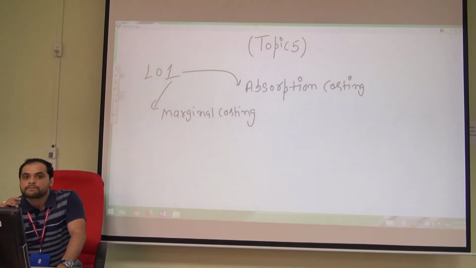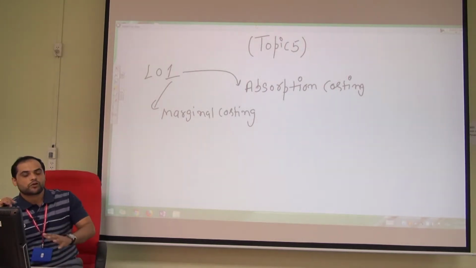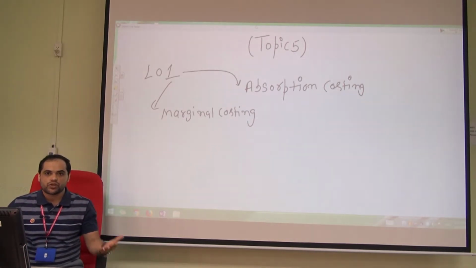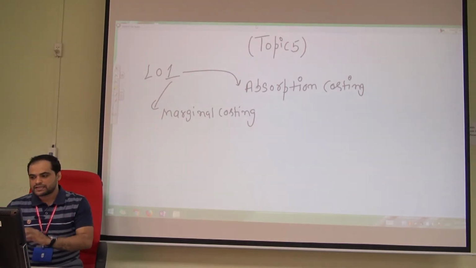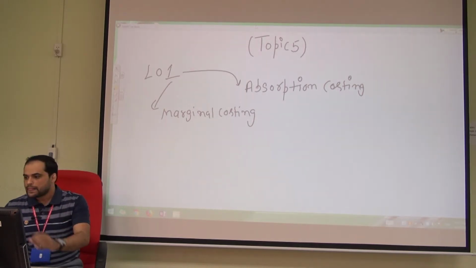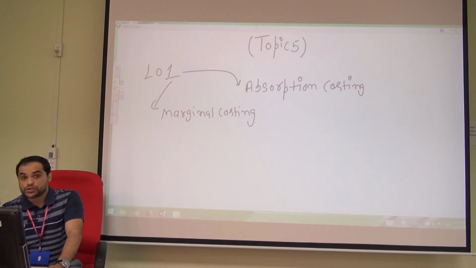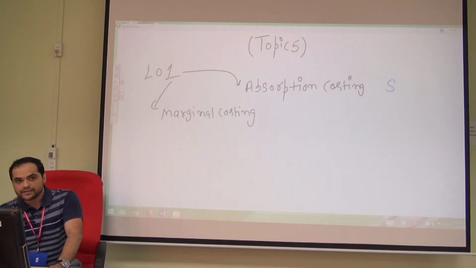As I said, absorption costing is quite common and you're quite familiar with this method. In our second lecture, we studied this topic. So I'll quickly give you an idea about absorption costing. Here, sales minus cost of goods sold is the gross profit, right?